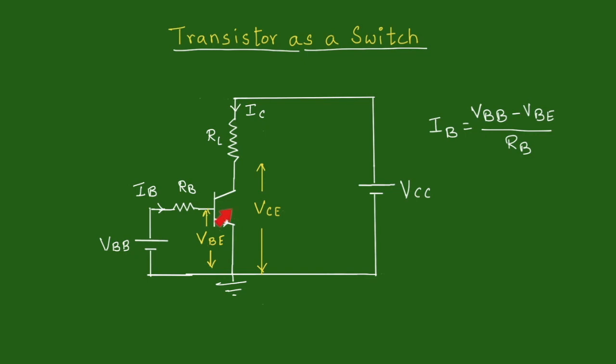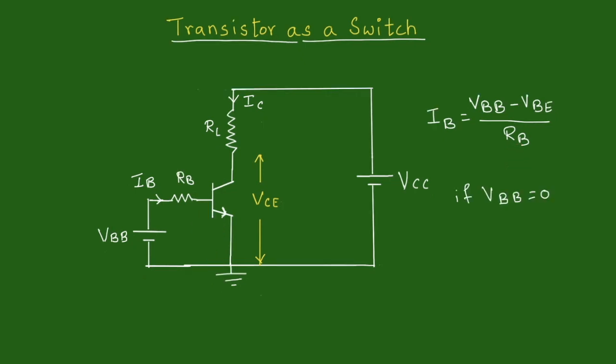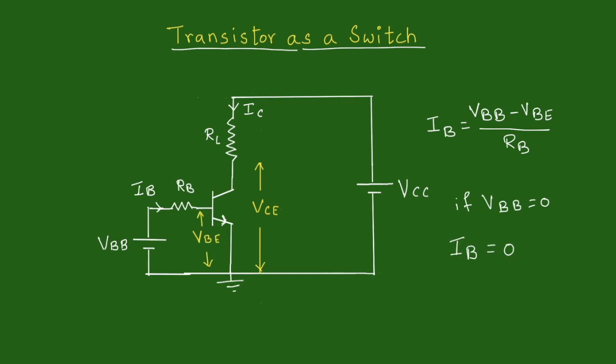If the transistor is made up of silicon, VBE will be between 0.6 and 0.7 volts. Now we can write the equation for IB, that is the base current, as VBB minus VBE upon RB. If VBB is kept 0, the base emitter junction of the transistor does not get forward bias and hence we will have IB equal to 0.